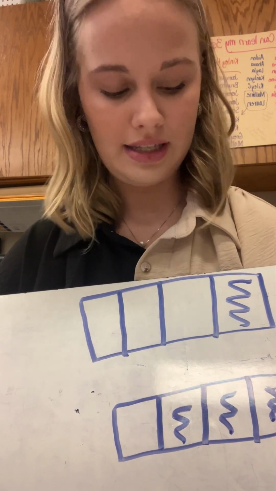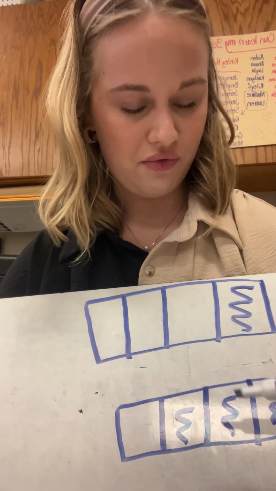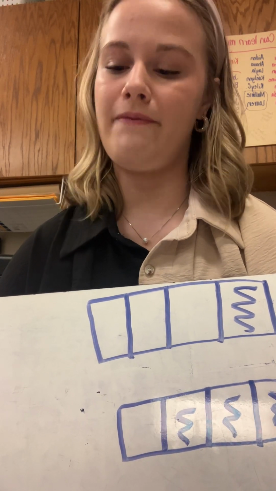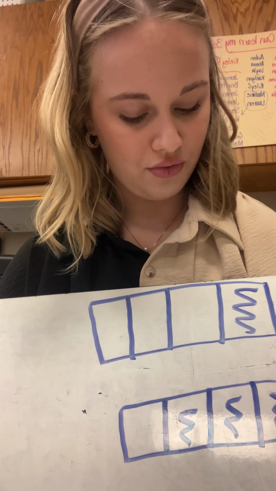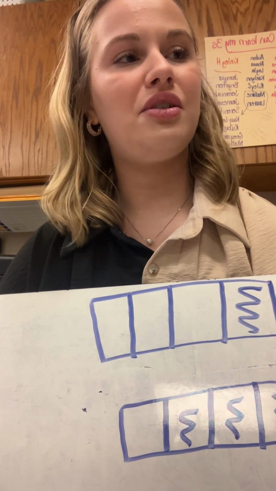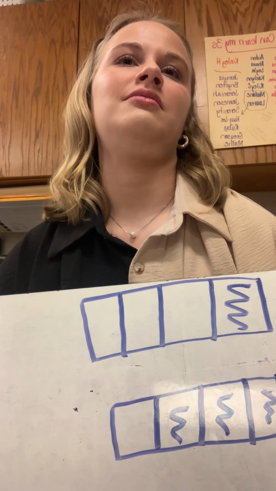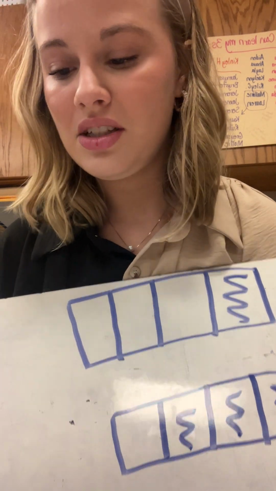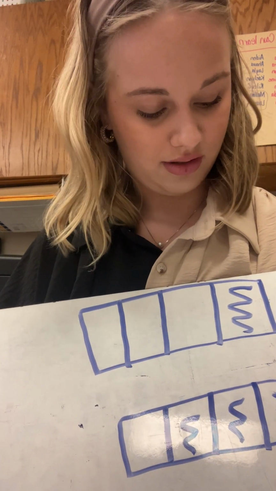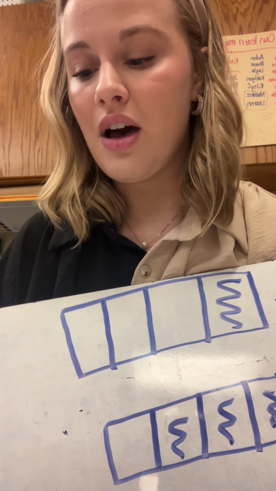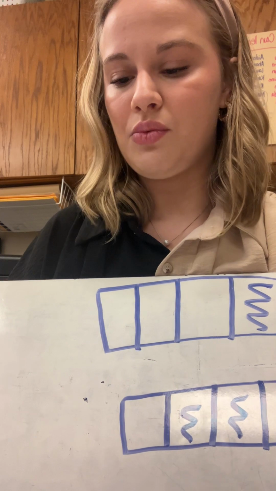Now I'm going to look at the second rectangle. There are 4 equal parts, right? So what would the denominator be? 4. And I have shaded 3 parts. So the numerator would be 3. So what would the fraction be? 3/4. Good. So now that we've determined the fractions for each fraction strip or rectangle, I want to compare them to see which one is larger.